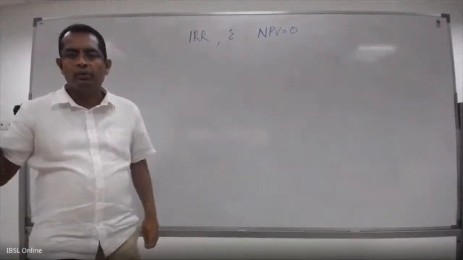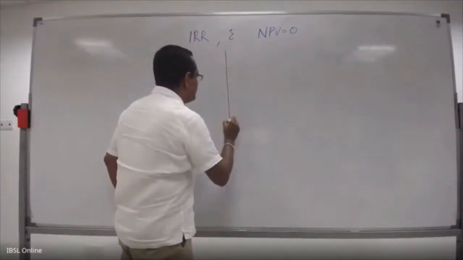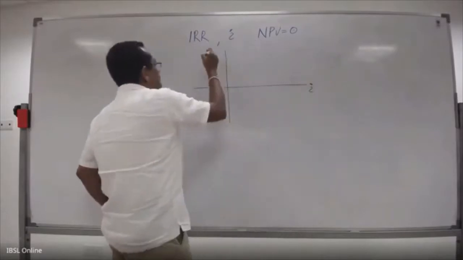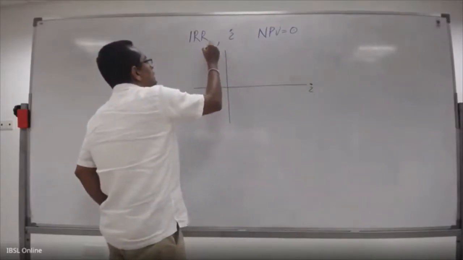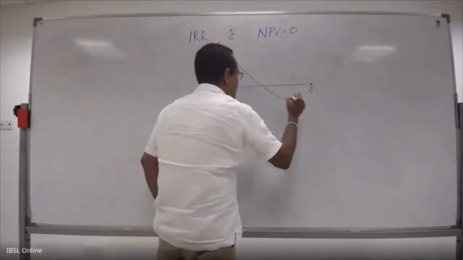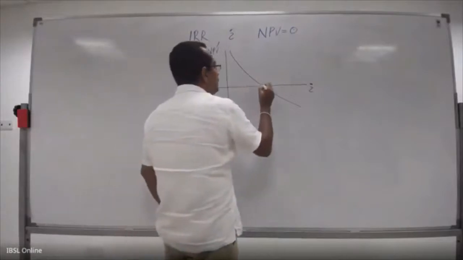Right? That means on a graphical form, this is the interest rate. This is net present value. This is the diagram. And we want to find out this interest rate.